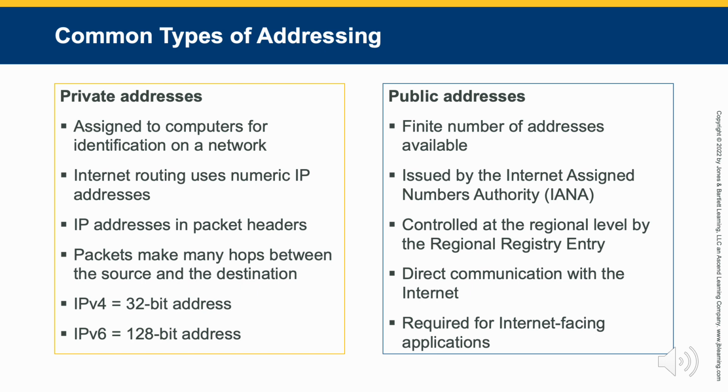Public IP addresses are a finite number of addresses available, issued by the Internet Assigned Numbers Authority, IANA, and controlled at the regional level by the Regional Registry entry. They allow direct communication with the Internet and are required for internet-facing applications.